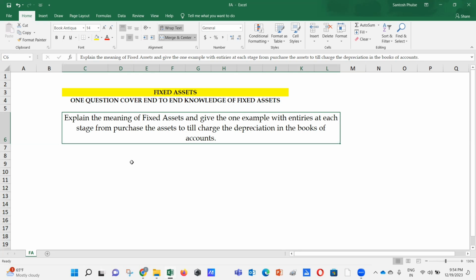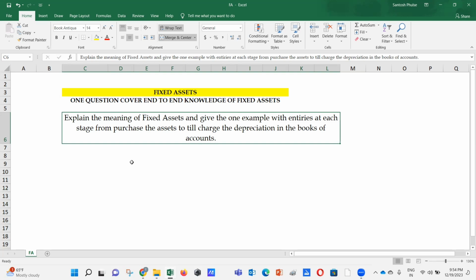Now the interviewer asks only a few limited questions, but each question is combined with n number of things. Within one question itself, the interviewer can know whether you have really in-depth knowledge or just limited knowledge of the concept.